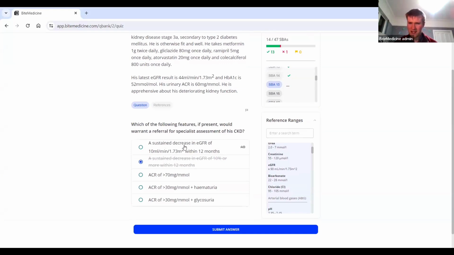I therefore don't think that a drop of 10 would meet 25% in a lot of cases. Like in his case, 44 down by 10 is not quite a 25% drop. Which leaves us with these things.